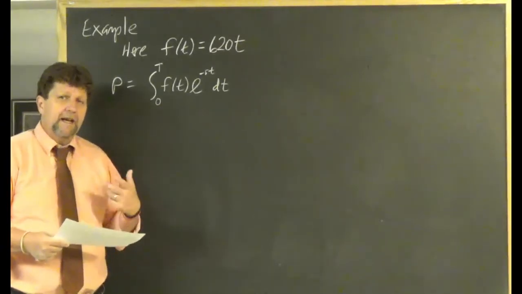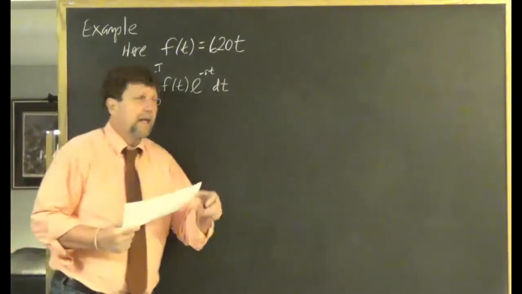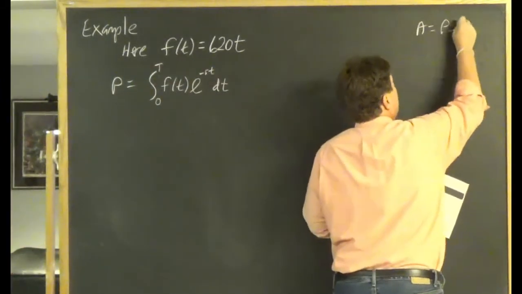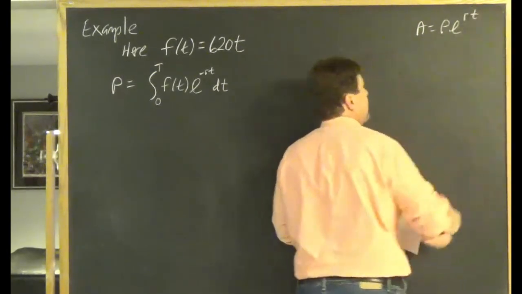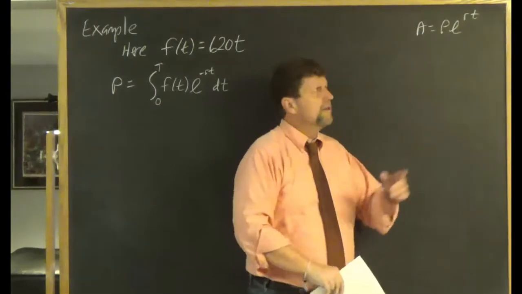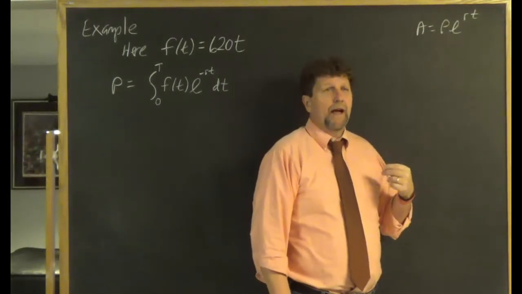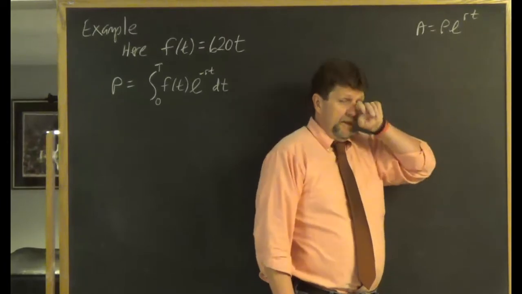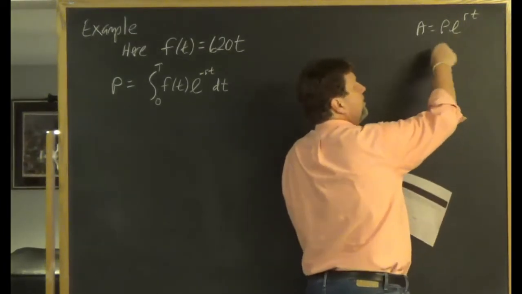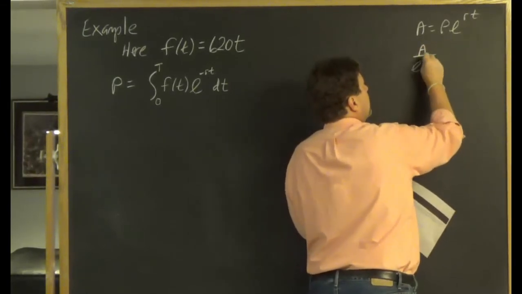In the slide I had mentioned, and I hope it made sense, the formula for continuous compound interest. A is the future value, P is the present value. And I said if I solved this for P, I would divide both sides by e to the RT.